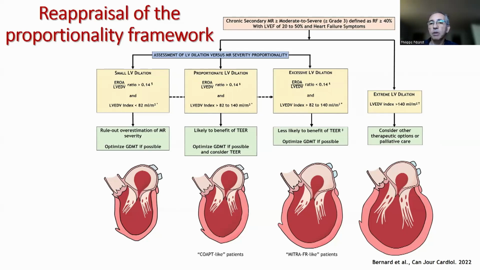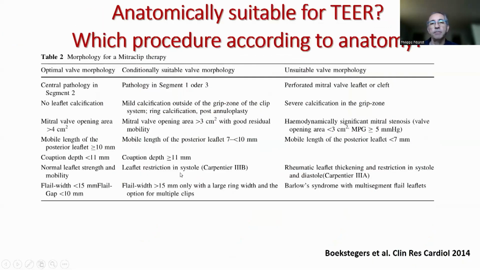They may benefit, but it's a bit less predictable. And finally, if you have small LV dilation, where the LV is not or minimally enlarged, I always think that maybe the MR is not that severe, and you should rule out overestimation of MR severity and optimize the medical treatment.